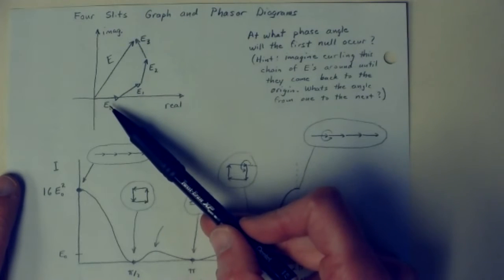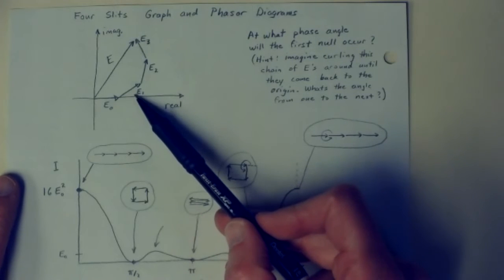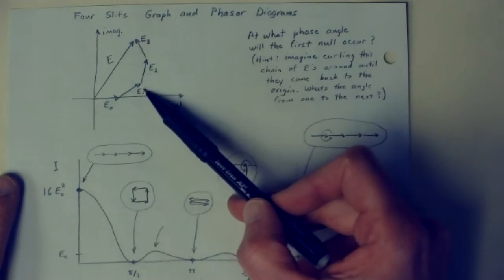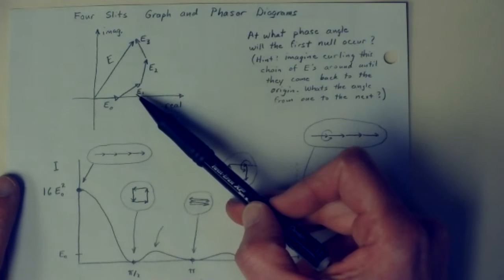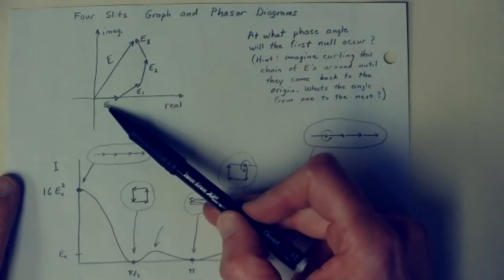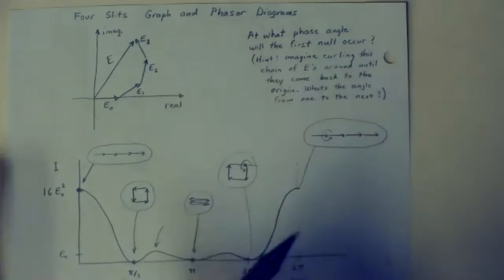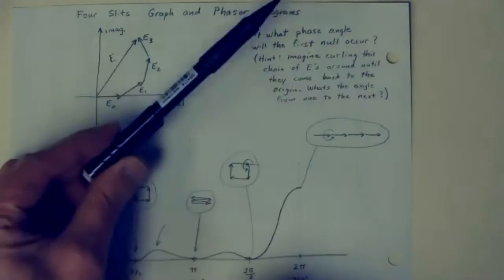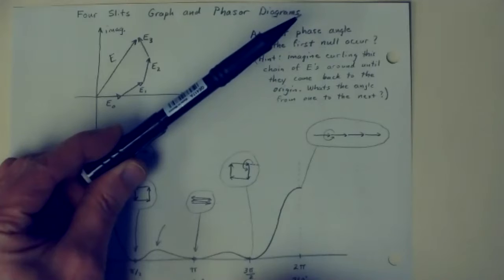And when you look at each of these successive slits, it's got some phase shift from the first one, or from the 0th one. And that corresponds to changing its direction in this complex plane.